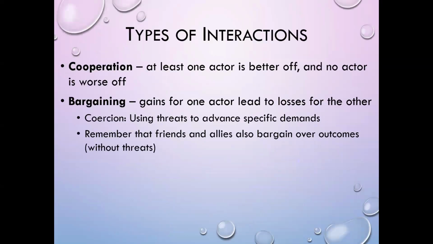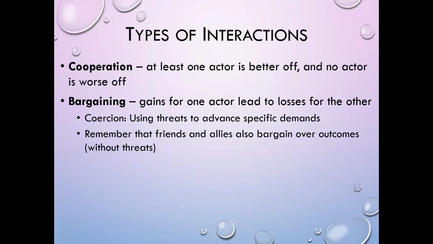So the two types of interactions we have are cooperation, when at least one actor is better off and no actor is worse off, and bargaining, where gains for one actor lead to losses for the other. And bargaining can include coercion or not. Coercion, remember, is using threats to advance specific demands.